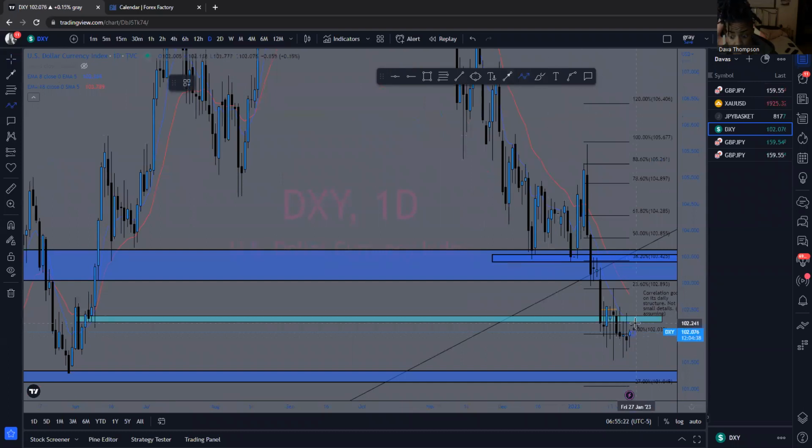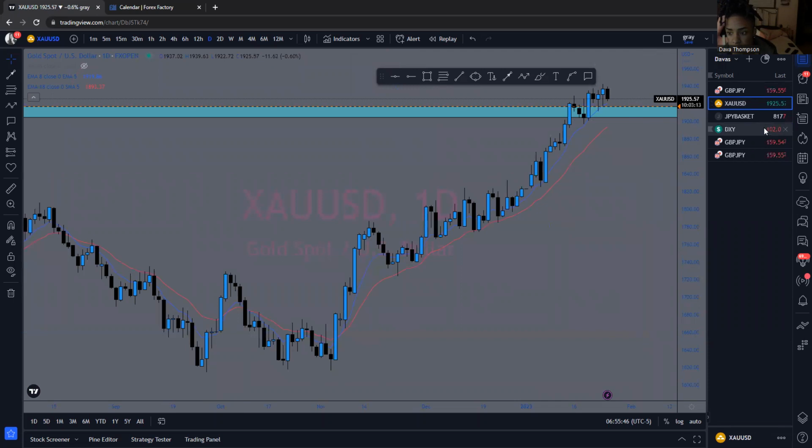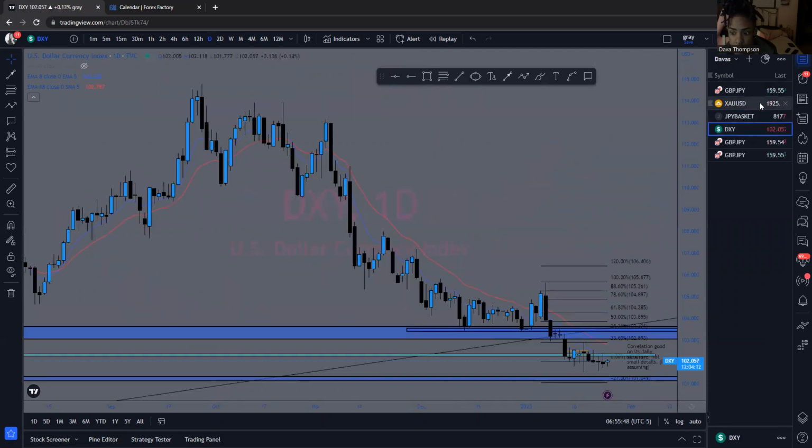And I know that you shouldn't ever really take correlations as hard facts because nothing really correlates 100%. But as I say here, correlation is good on its daily structure, not the small details. So overall we know gold is still very, very bullish as the dollar is still very, very bearish.